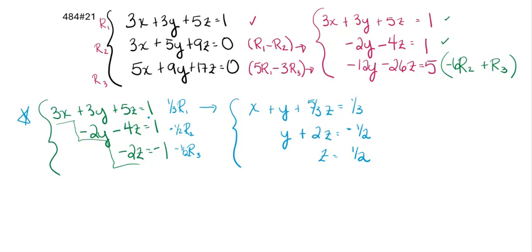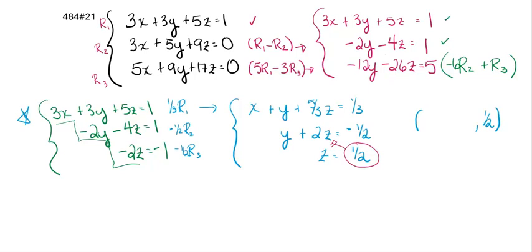So I'm going to have an ordered triple here, and I know that in my ordered triple, my z is 1/2. I do not know my y or my x yet, but I'm going to figure it out by taking this 1/2 and replacing the z in the second equation with it.